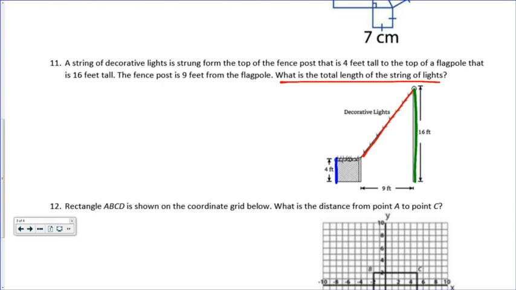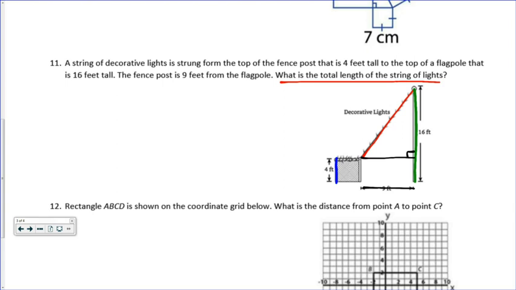We also have the fence post that is 9 feet from the flagpole. Down here, we've got your 9 feet. There's a couple of things that we need to notice. We need to notice that the decorative lights is not going all the way to the floor. It is only going to the fence. So if you draw a line right here, we can form our right triangle.